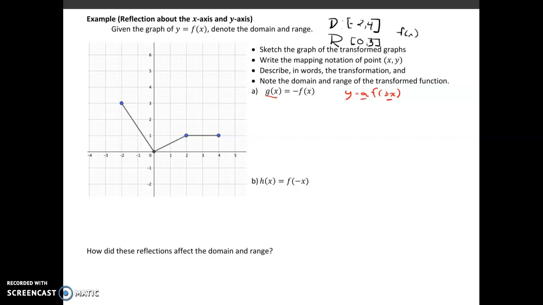But anyways, what I see here is a equals -1. The negative appeared in front of the f of x. So what does that mean? It means it is a reflection about the x-axis. I actually think that this third point is most important, so I'm just going to say it's a reflection about the x-axis.